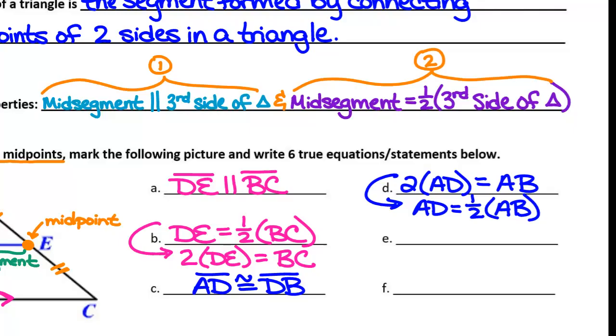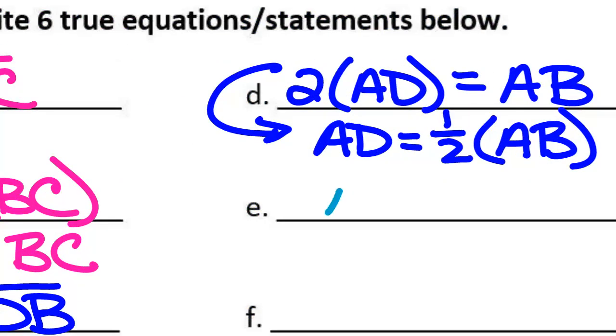Is there a similar statement that I could make about the other side? Yes. E is a midpoint, so what could I say over there? AE is congruent to EC, or I could say that AE is equal to half of AC.